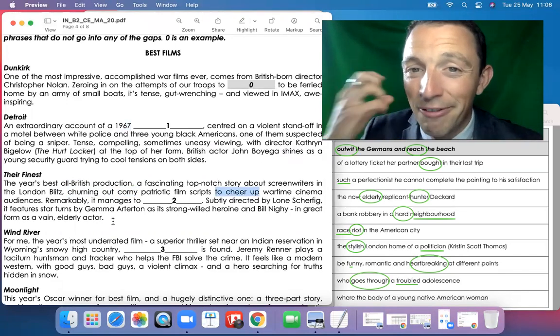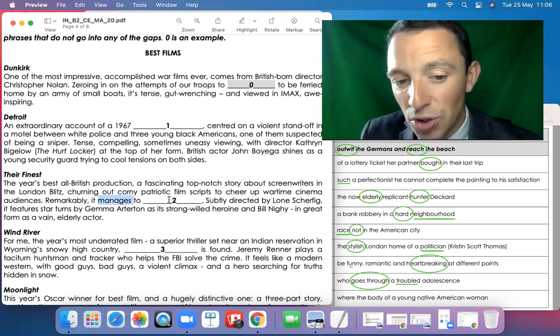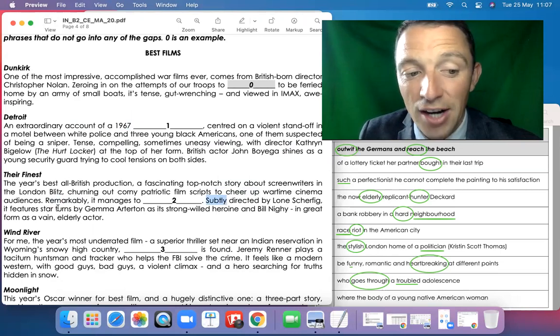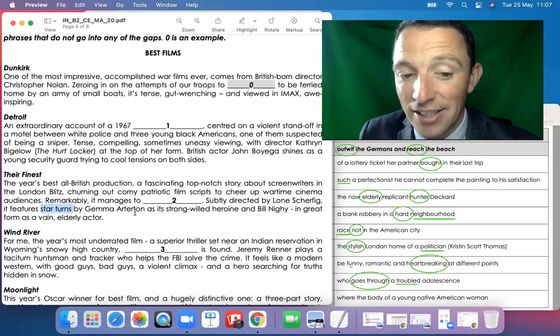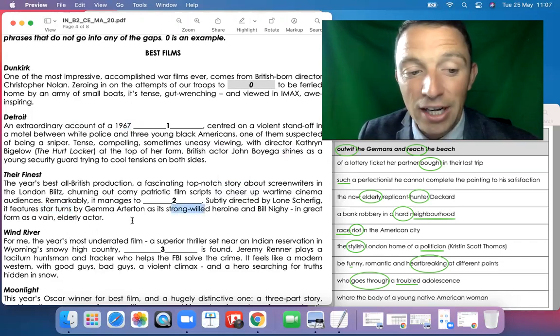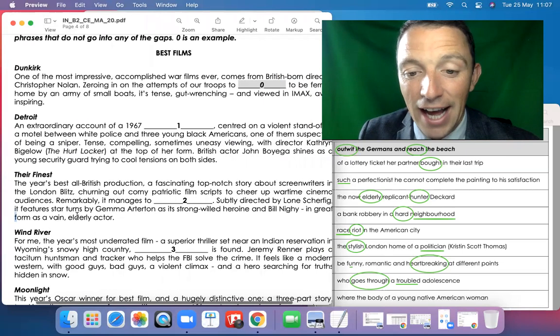So 2 or 3 very, very important vocabulary in that sentence. Remarkably, it manages to something, it depends, okay? And subtly, directed by Lone Scherfig, it features star turns by Gemma Arterton as its strong-willed heroine and Bill Knightley in great form again as a vain elderly actor.